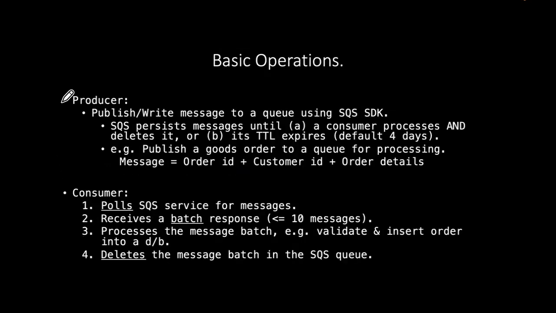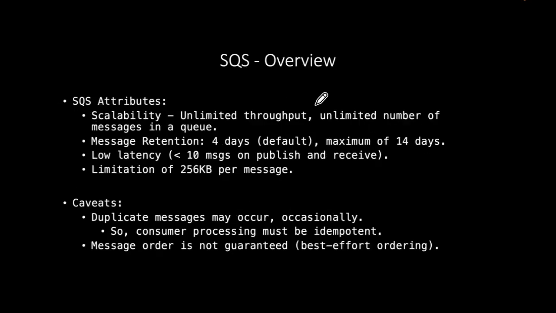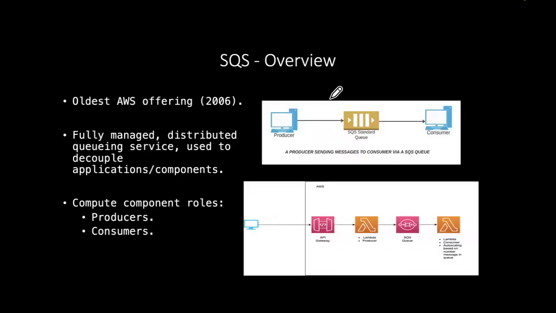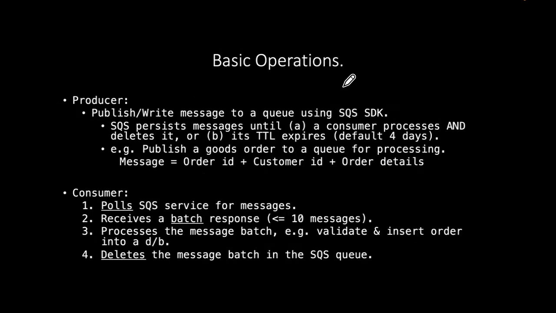Okay, so from your two actors, as I call them, your producers and your consumer, a producer is obviously just going to be publishing or writing messages to a queue. And SQS, like every other service, has an SDK.